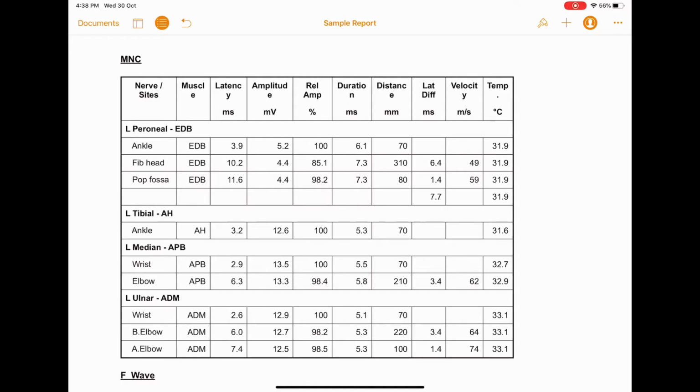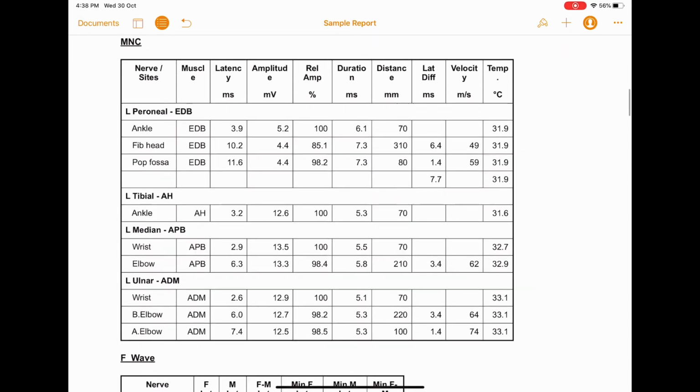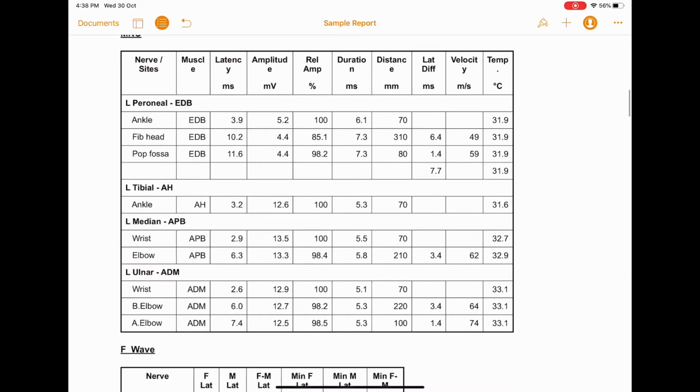If the amplitude drops by more than 20%, that is indicative of what we call conduction block, and that has a lot of significance in interpreting the EMG, and we can talk about it more in the interactive session or further videos when we make them. But that's one important thing to note when you read through the EMGs.